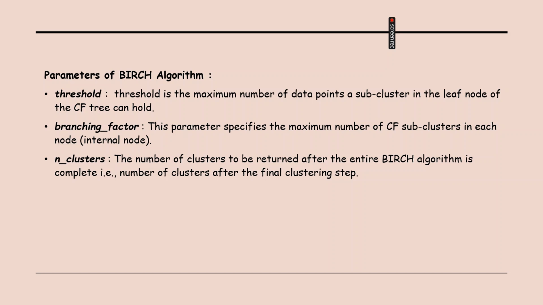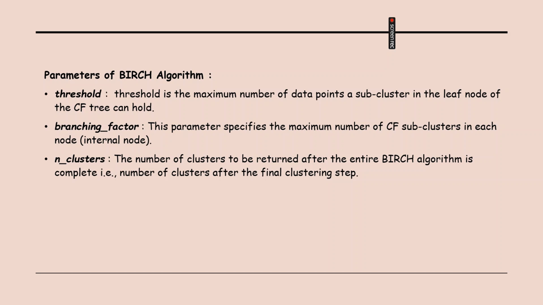For example, if you give n clusters equal to 4 or 5, then the output will have 4 or 5 clusters. If you give n clusters as none, then the output will be whatever the BIRCH algorithm computes.